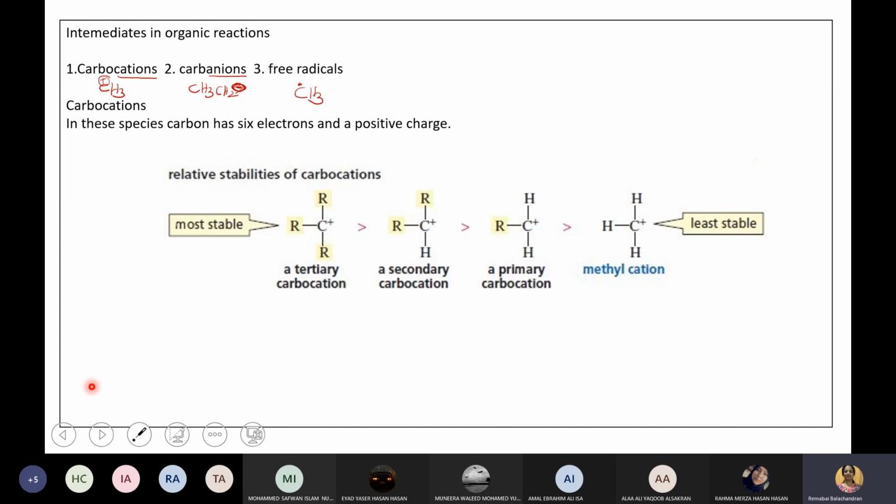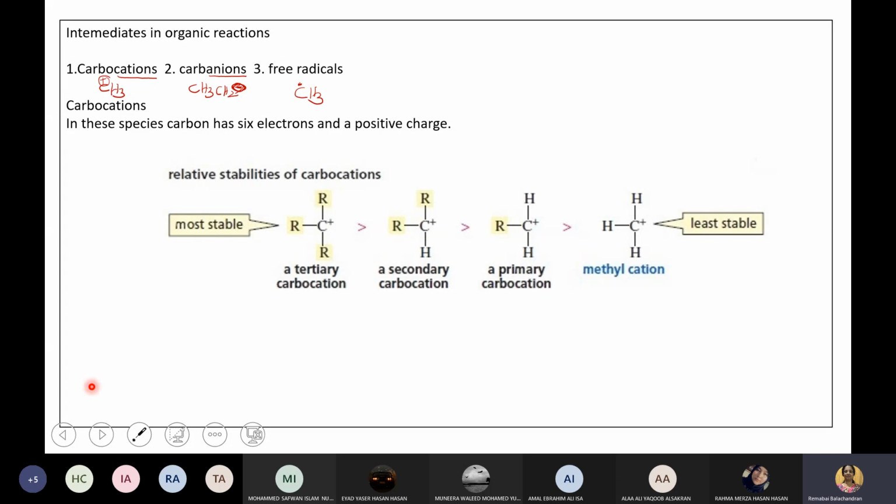Now, dear students, listen. If we have a carbocation or a carbanion or a free radical, the stability of those species depends on the charge distribution. Among these, free radicals are not having charge, so leave it for the time being.